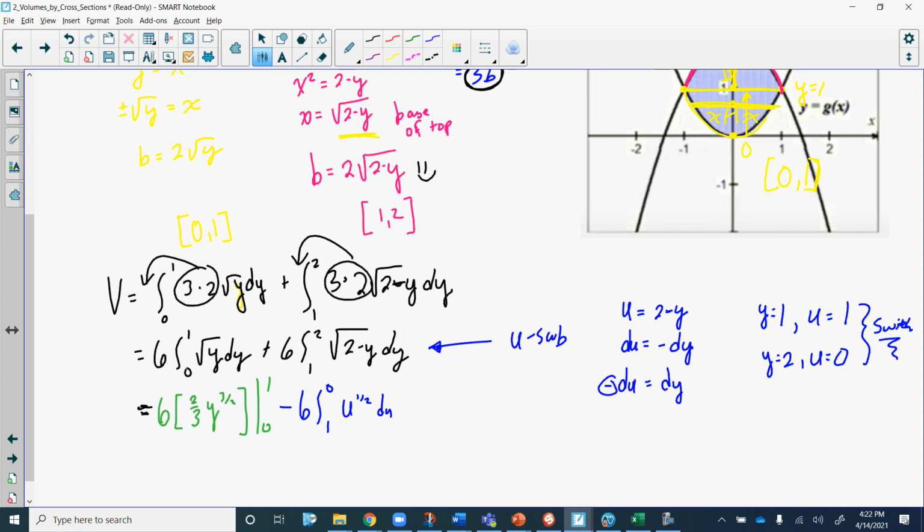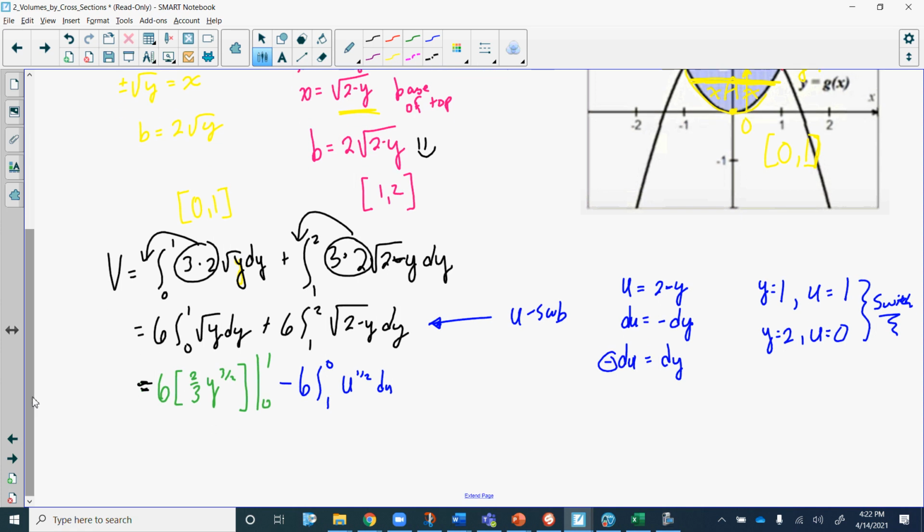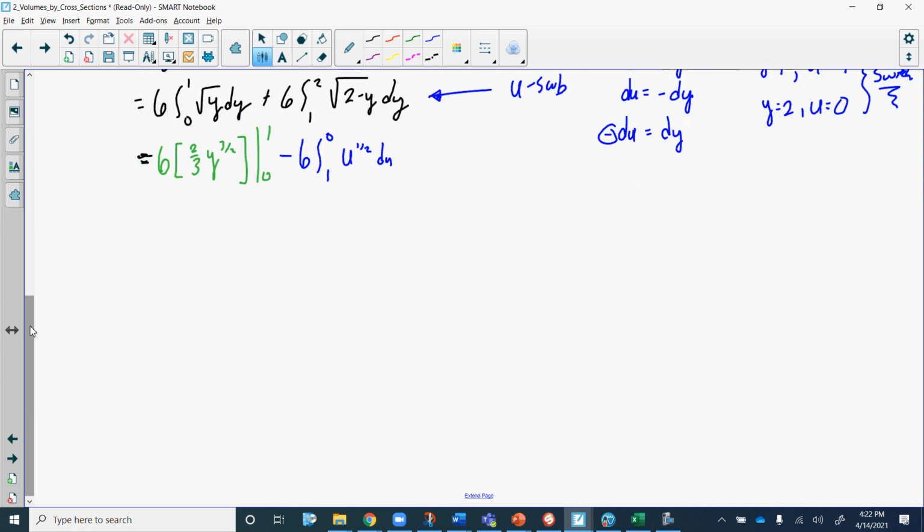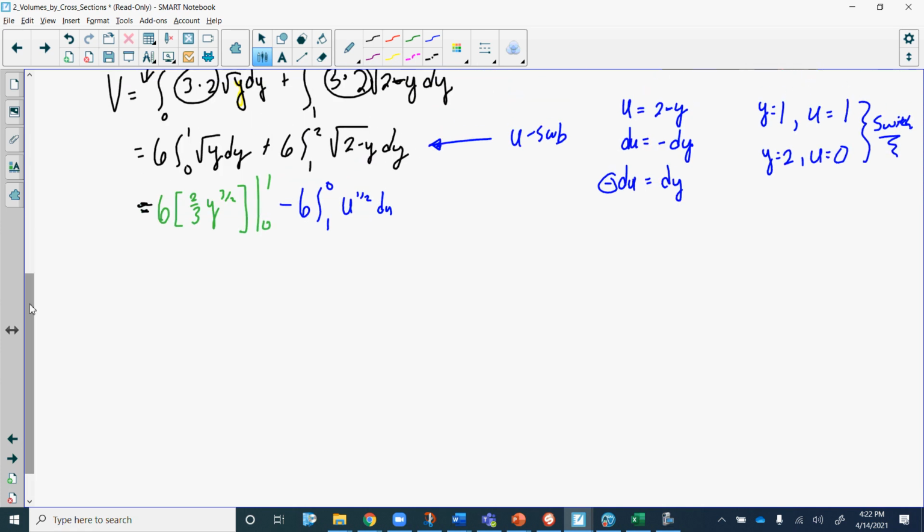And of course, when we reverse that, let me give myself a little bit more space here. When we put the integral back in its proper order, the sign changes back to positive because we multiply with a negative 1. So this goes back to a positive 6, integration from 0 to 1 now, u to the 1/2 du.